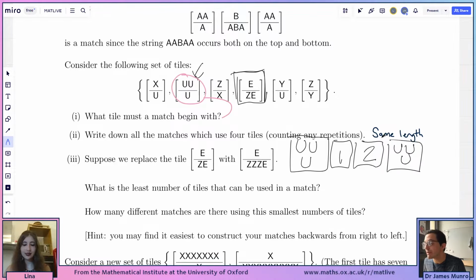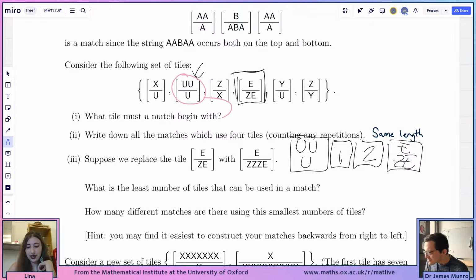Oh no, sorry, I got confused, I'll shut up. Yeah, this tile isn't going to work here, because the only way we can make the numbers match up is with the E over ZE, and then the letters don't match up. So we know that the last tile now is going to have to be the E over ZE, like so.